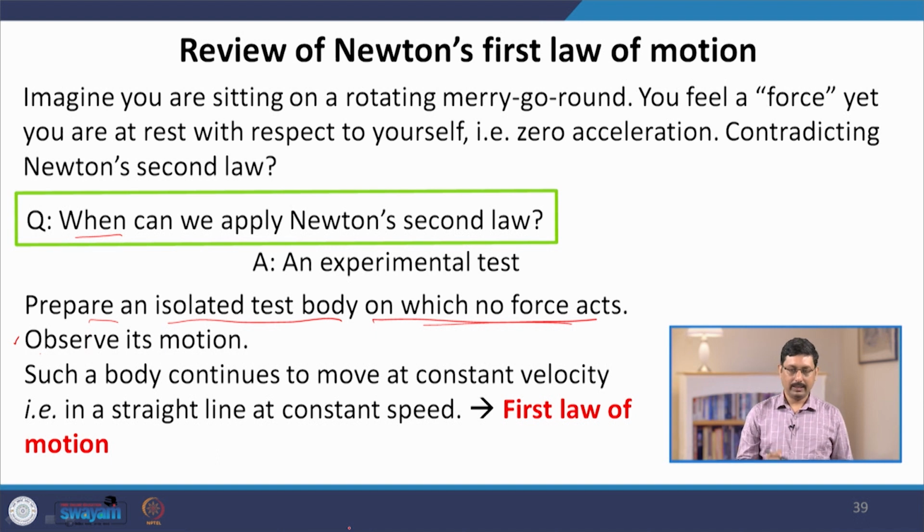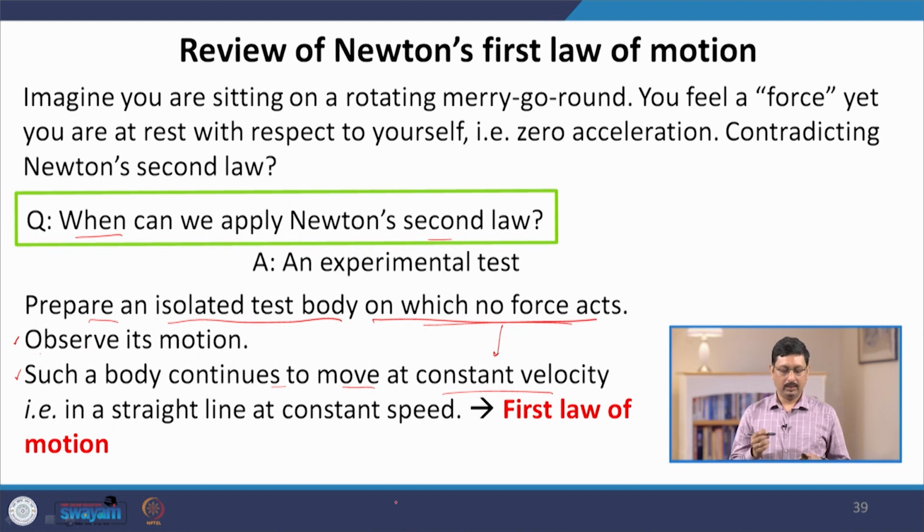The test says that if such a body continues to move at constant velocity when no force is acting on it, that is, in a straight line at constant speed, which is the same as saying constant velocity, then this is the condition in which you can apply Newton's second law of motion.